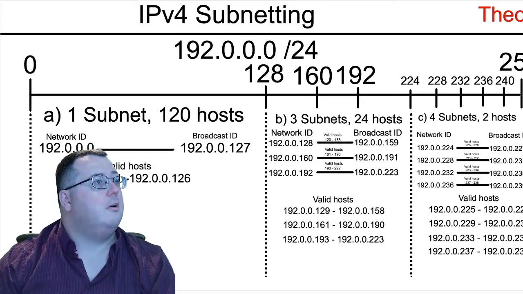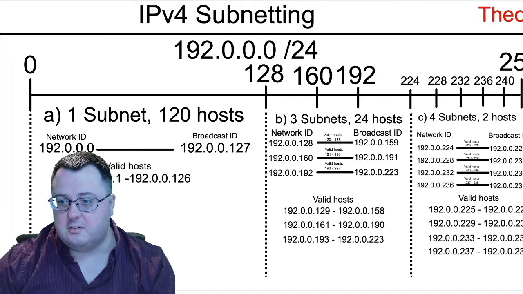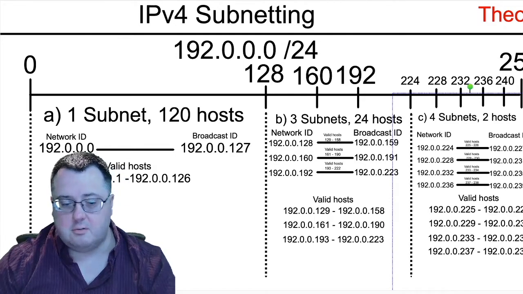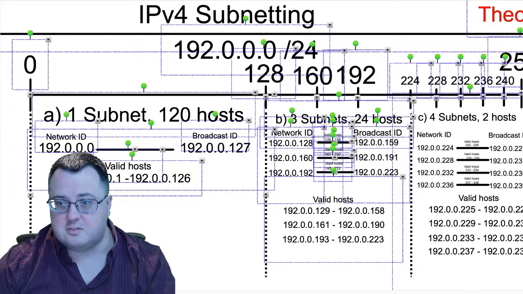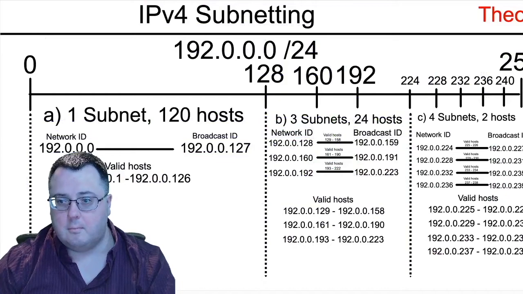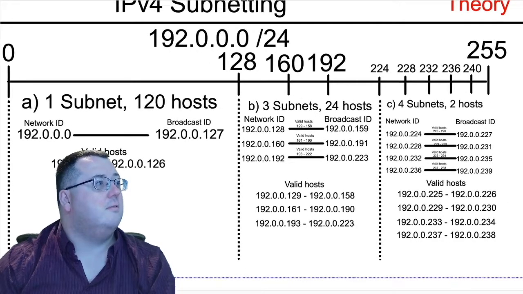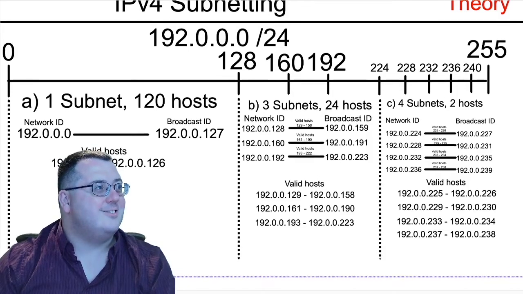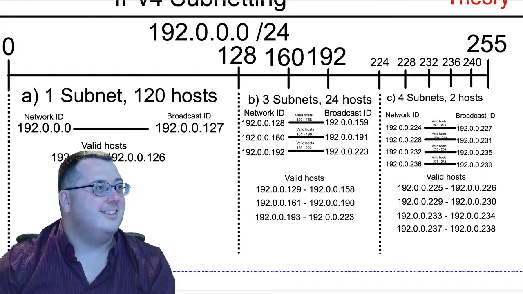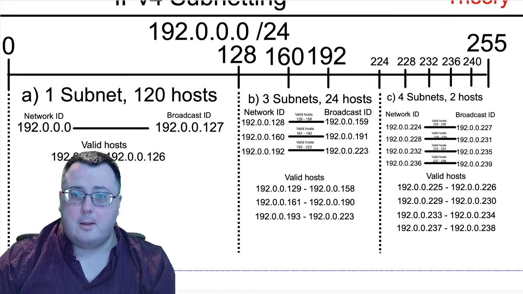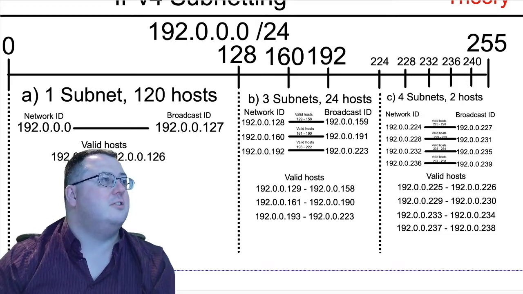Lastly, and by no means least, I wonder if I can shrink this down. Let's try grouping everything. Yeah, well, that's better. It's in view now at least, which is good. So we have got, for the last part, 4 subnets and 2 hosts.